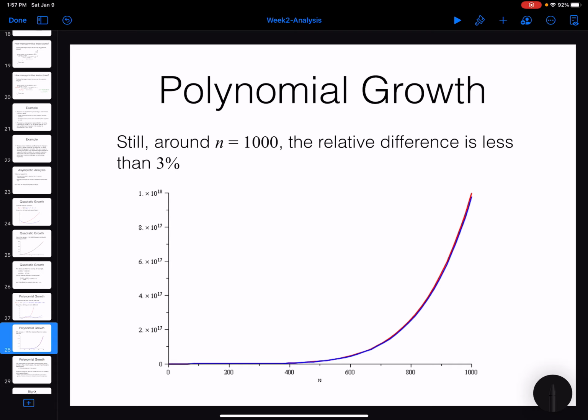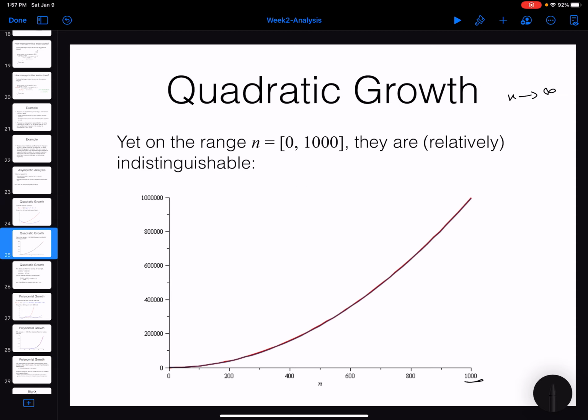But if, for example, you were comparing f of n to be n square and g of n to be linear, for example 10 multiplied by n, something like that, the diagram for 10n would be something like this.